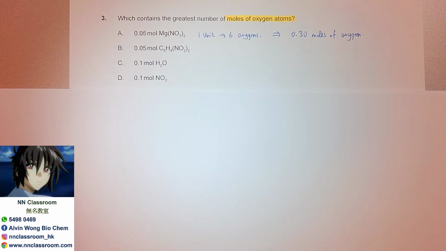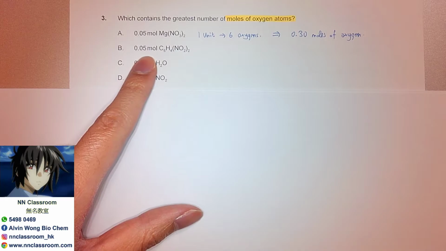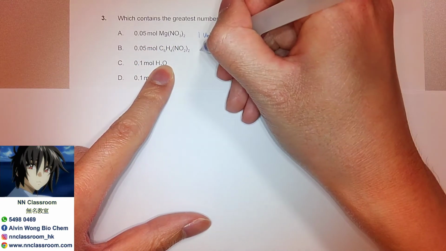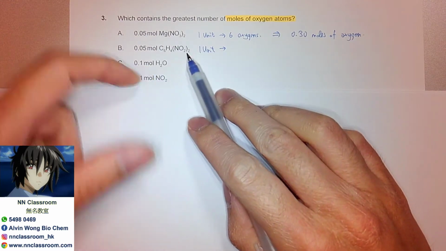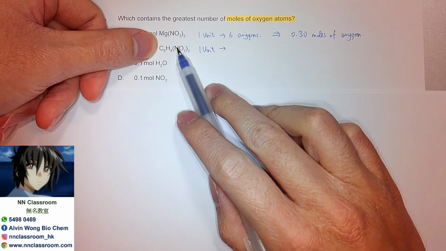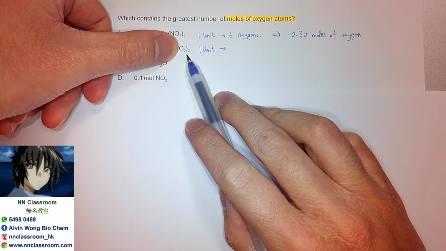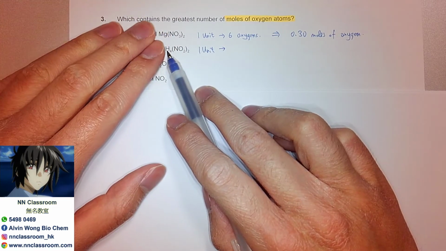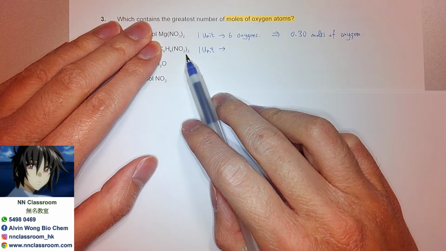If you make this understandable, then B is the same thing, right? We have 0.05 moles of this entire thing, but in this case 1 unit is the entire C6H4(NO2)2. These all have oxygen just on the last bit, right? And the oxygen will be 1 unit contains 2 of the nitro groups, and each contains 2 oxygen.